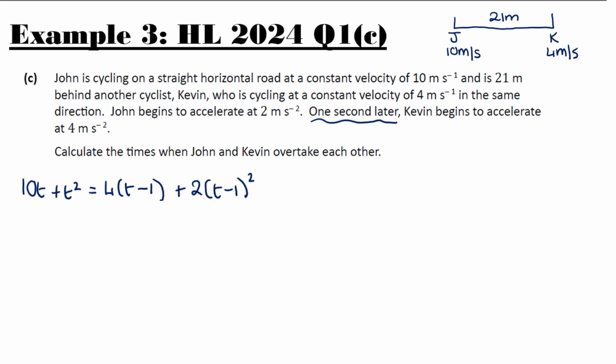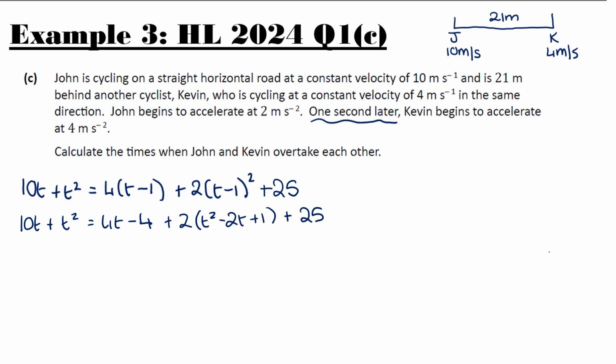So just giving ourselves some space, and we add our plus 25 here, we're going to have 10t plus t squared equals 4t minus 4 plus 2 times, let's square that bracket, t squared minus 2t plus 1 plus 25.